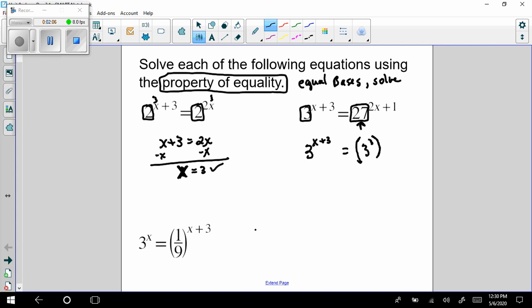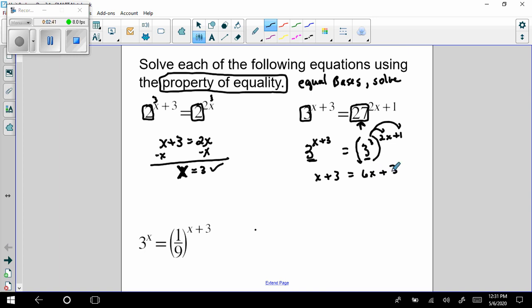Make sure you put that in parentheses, and your exponent is still 2x plus 1. So now I have my base 3, but I still need to apply my property of exponents. This would be called a power of power, where you're going to distribute that 3 to the exponent 2x plus 1. So now to solve, I have x plus 3 equals 6x plus 3.